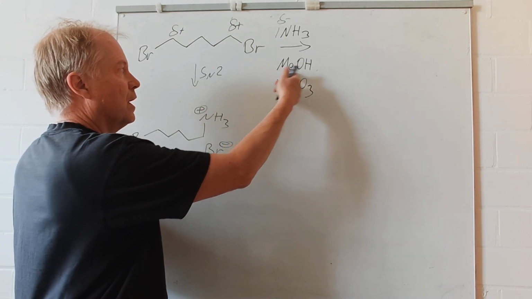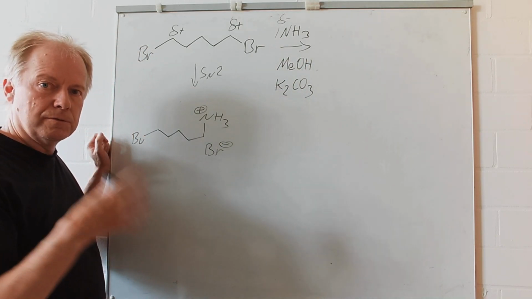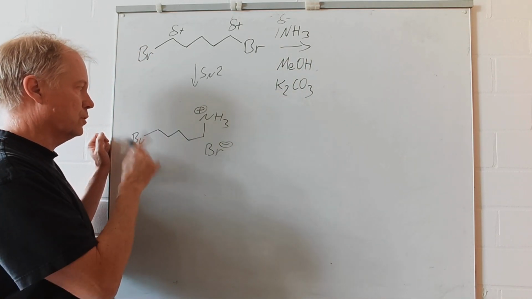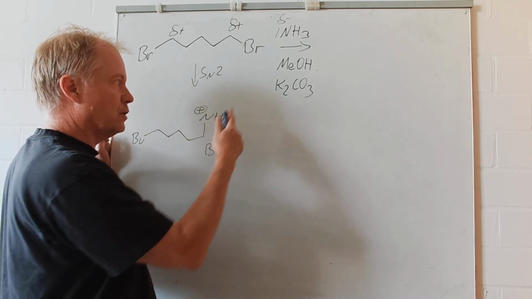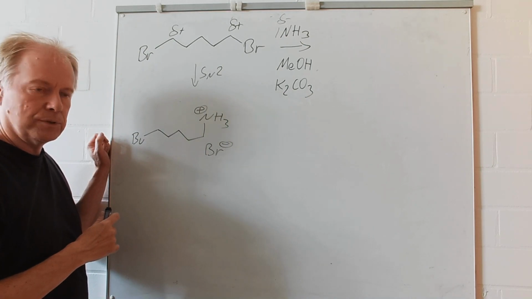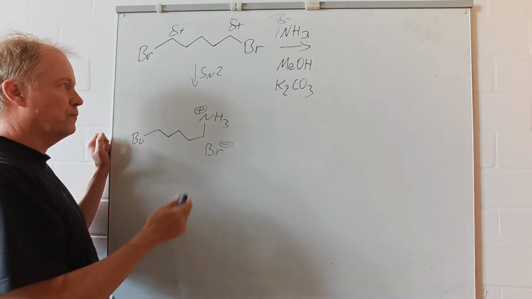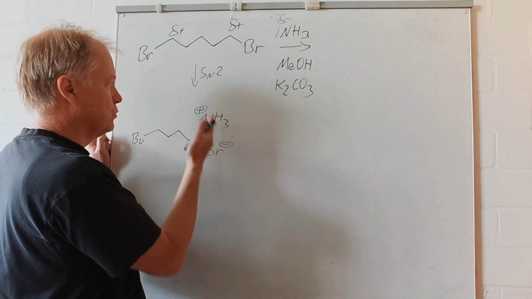But here we have methanol as a solvent. Methanol is capable to solubilize such an ammonium salt and also the potassium carbonate as a base, and therefore the base is able to deprotonate.